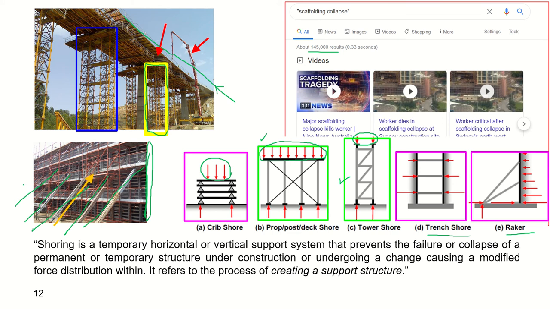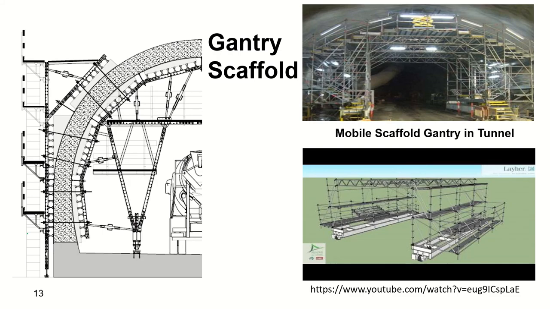So this formwork here is supported by a shoring system. There is another scaffolding method for industrial buildings or for tunneling purposes. One of them is the gantry scaffold that can be used for tunneling, and you can see in this video how this gantry scaffold is going to be used.